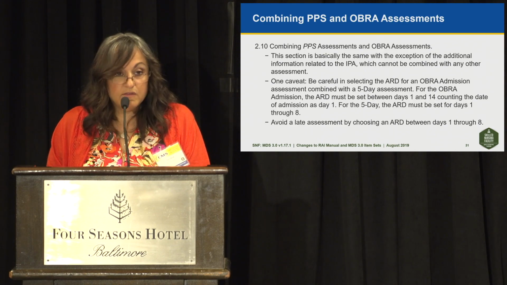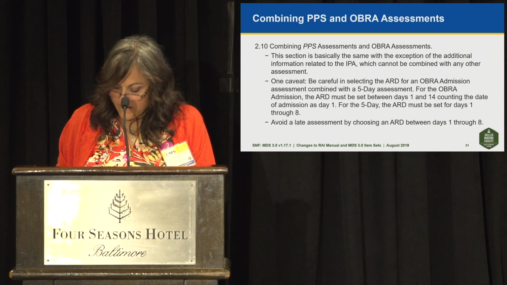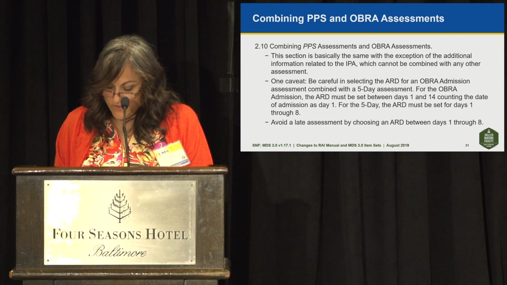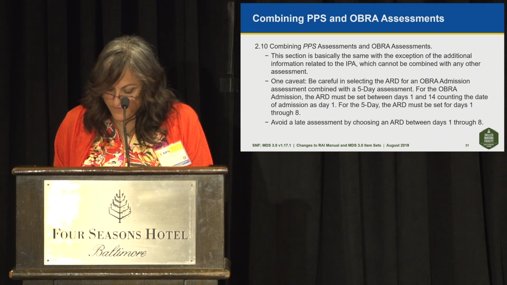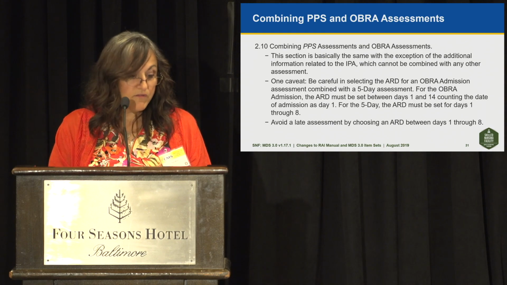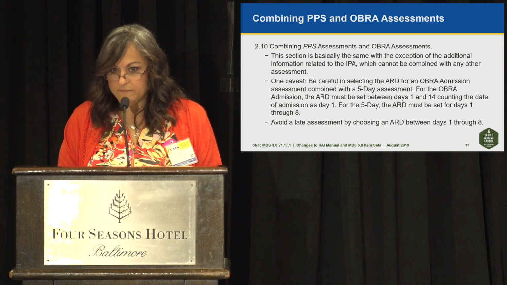As is currently the case when combining a 5-day with an OBRA admission, use of the latter end of the OBRA admission window would cause the 5-day to be late. So when you're setting the ARD for a combined OBRA admission and 5-day, the window within which to set the ARD in order to avoid a late 5-day would be, of course, days 1 through 8.